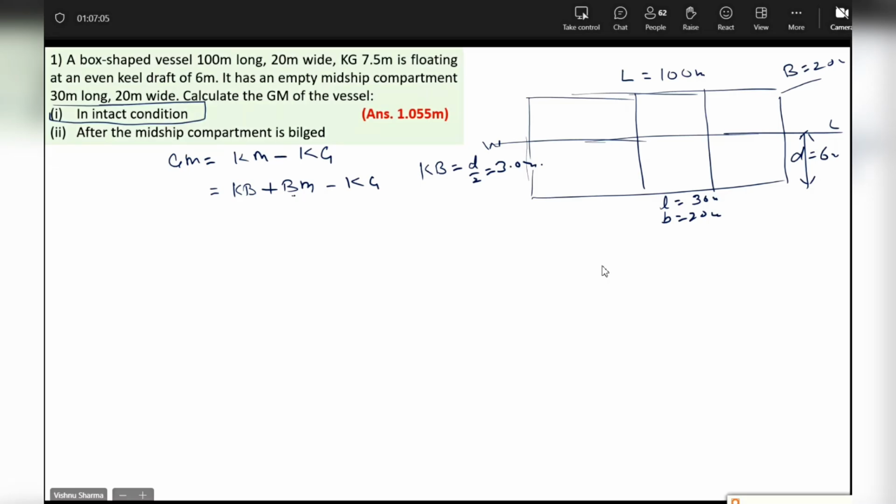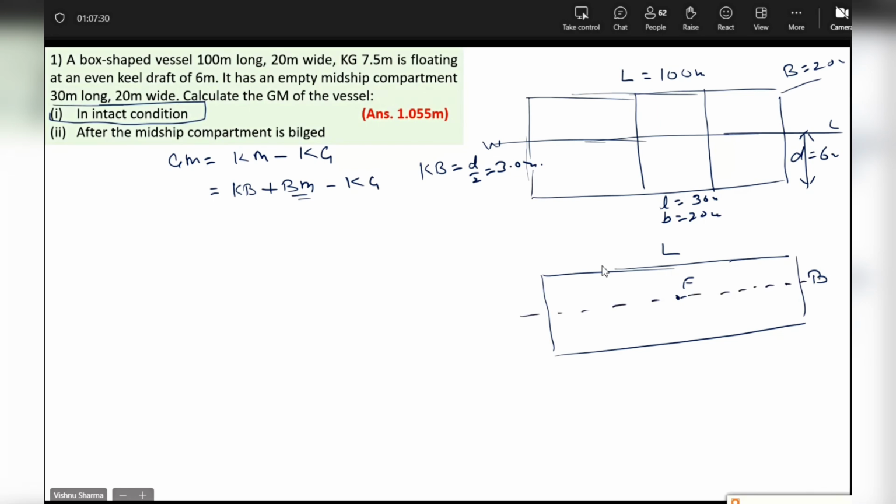Then we have to calculate the BM. For BM, I have to visualize the water plane at WL. The water plane at WL will be a rectangle of length L, breadth B. Then I have to visualize its center of flotation, which will be here. For BMT, I need to draw a fore and aft axis. This is the application of moment of inertia, guys. This is the center line.